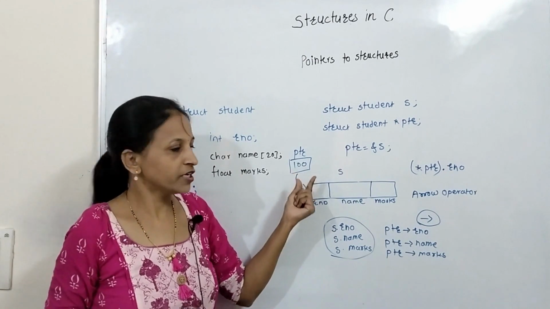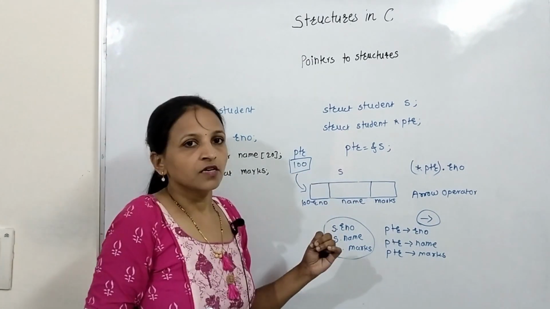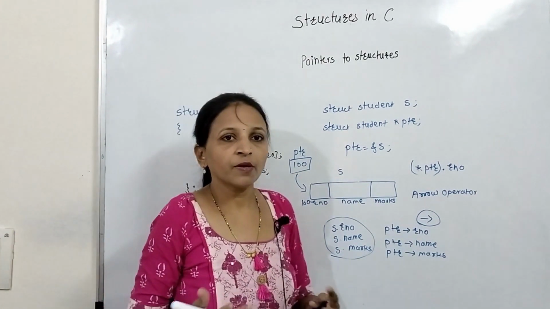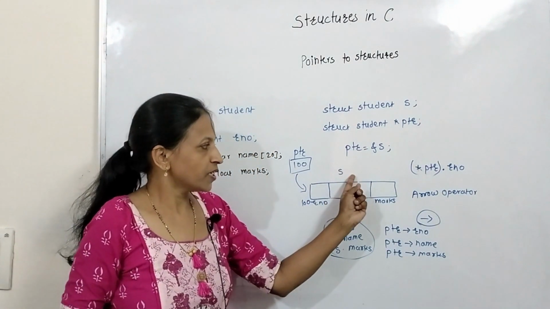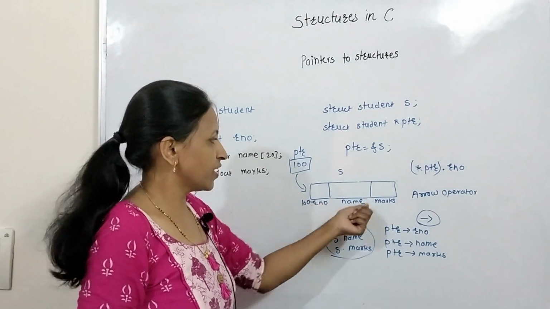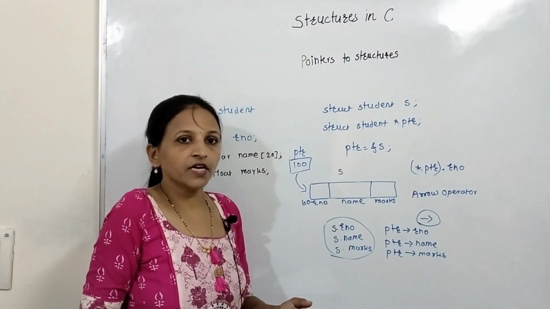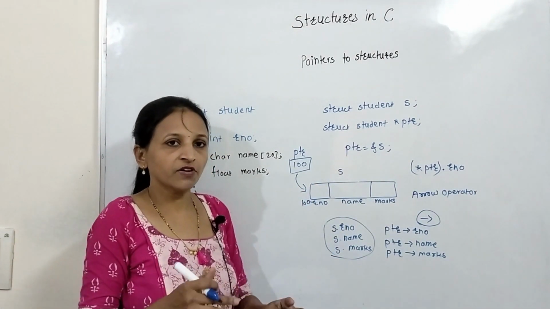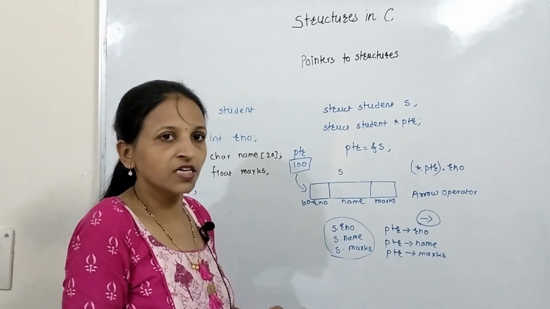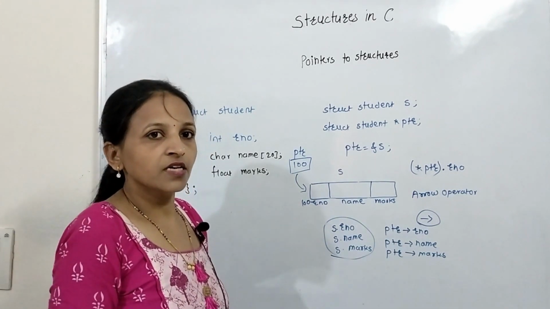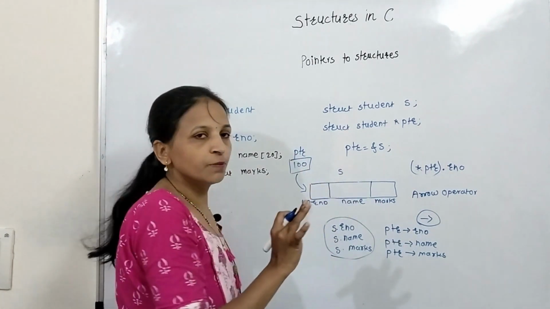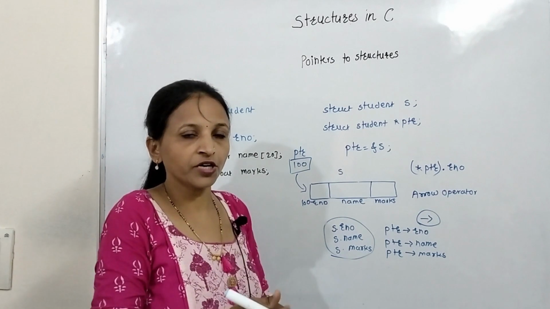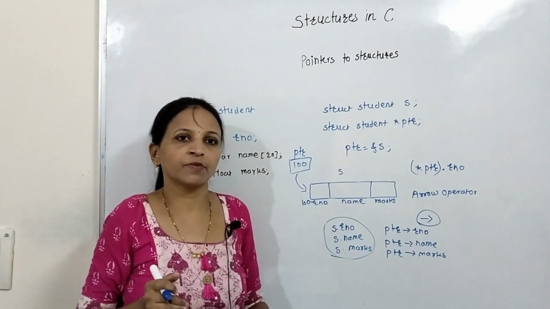That pointer is holding the address of this S. Now normally this is used in dynamic memory allocation, meaning if we don't know the exact name of that variable. Whenever we allocate memory dynamically, we know only the address, and that address we can store inside a pointer variable, and with that pointer variable we can fetch individual members.